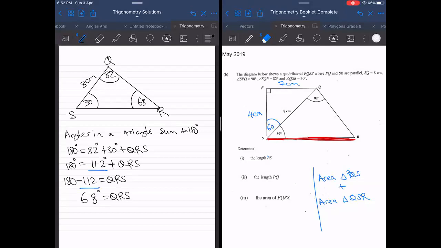So I can look at all the information I have, and I'm going to use either the sine or the cosine rule. Already I know I can't use the cosine rule because for the cosine rule, I have to know at least two sides.